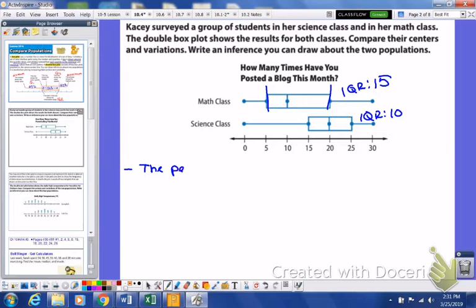are the people in science are more social, based on, we're talking about how many of you have posted a blog in the last month.